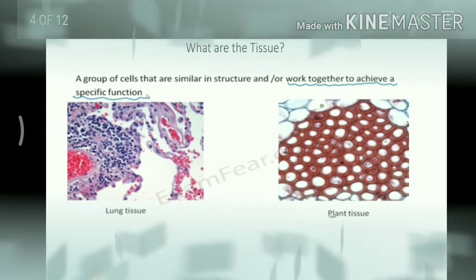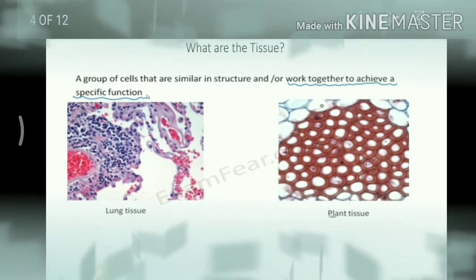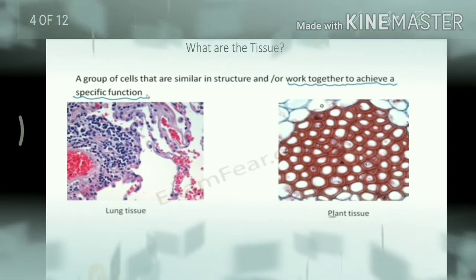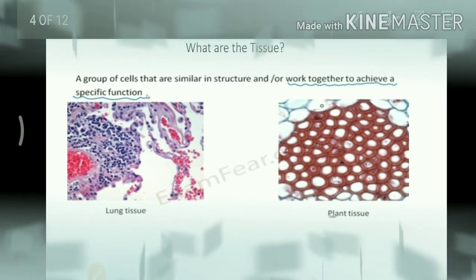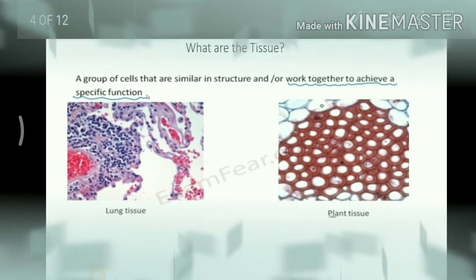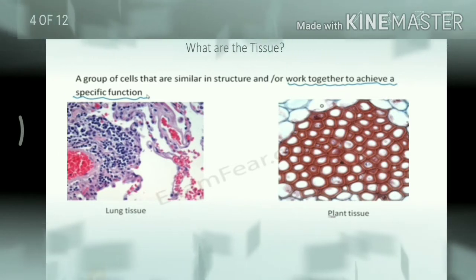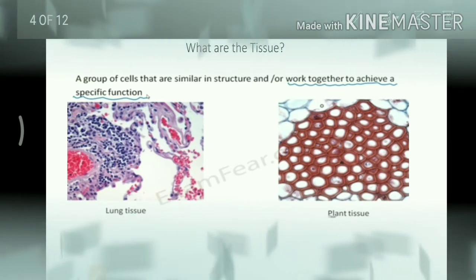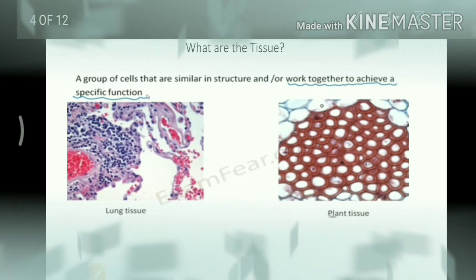It is nothing but a group of cells that are similar in structure or work together to achieve a specific function. Their main agenda is that they work together to achieve a common function.